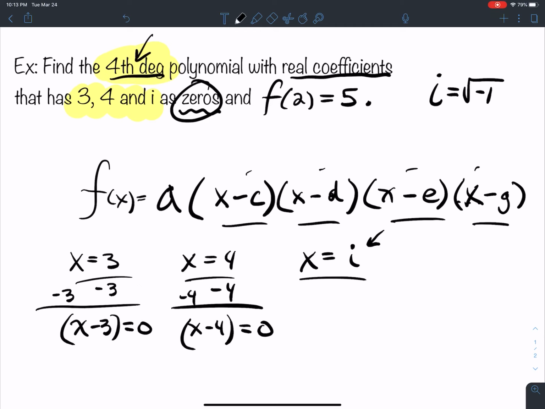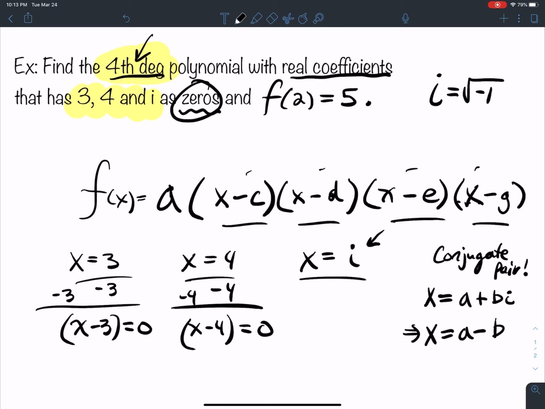So look, anytime I have a complex number as a solution, as a 0, then I also have what's known as a conjugate pair. So if I have some 0 that is a plus bi, then I get this one for free, a minus bi.